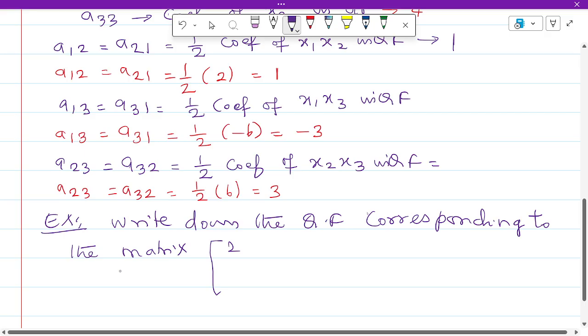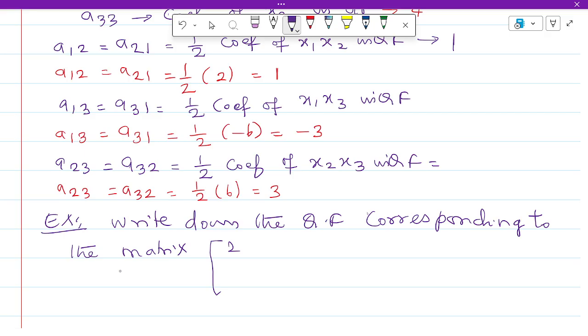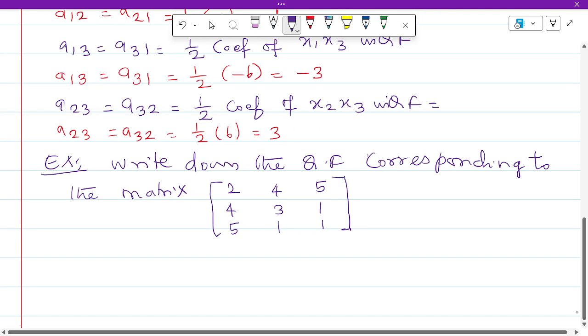The matrix is 2, 4, 5; 4, 5, 4; 3, 1, 1, and so on. Then you can write the solution for this.